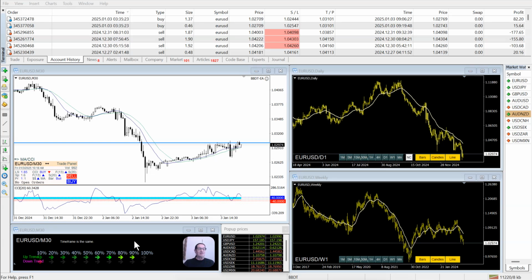And then it will confirm that the time frame of this chart matches the time frame of this chart. It will tell you if it does, and it will tell you if it doesn't. For example, if I change this to, let's say, 4 hours, doesn't matter what I pick, now the message changed. Time frame is not the same.